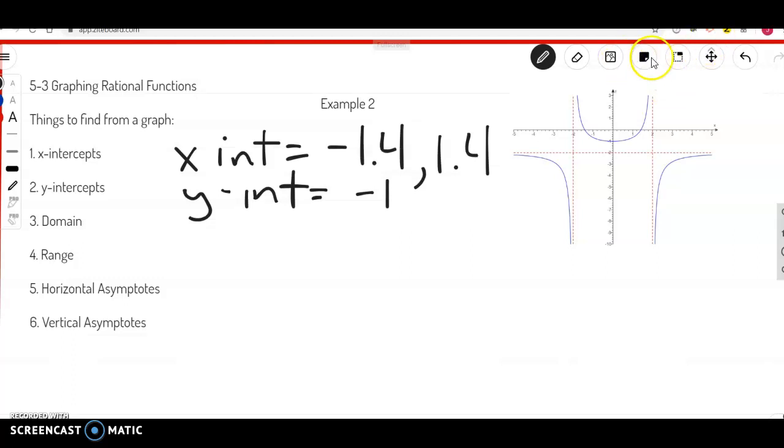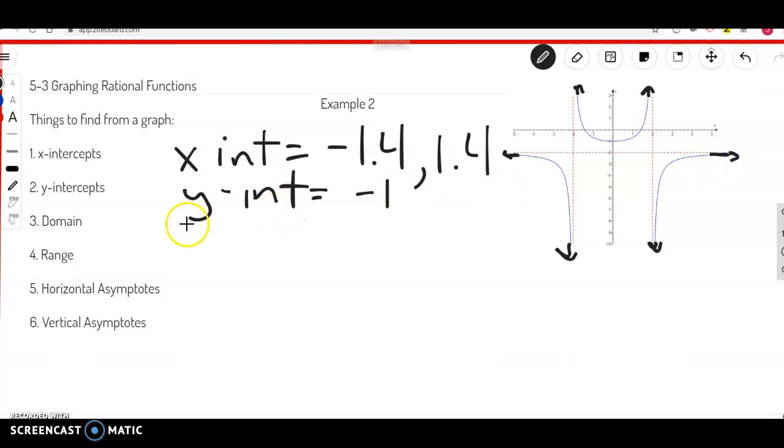For our domain, notice this piece here goes from -infinity up to really close to -2 here. Then it goes from -2, falls along this curve up to +2. And then it goes from +2 over to infinity again.